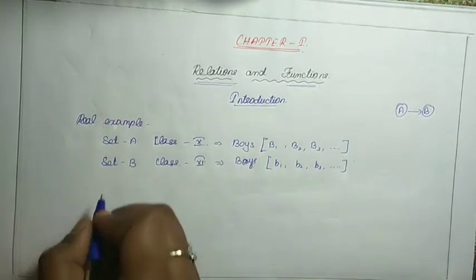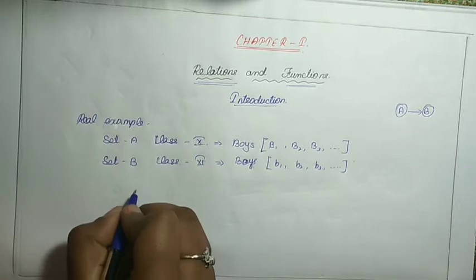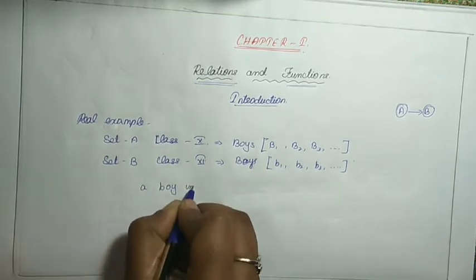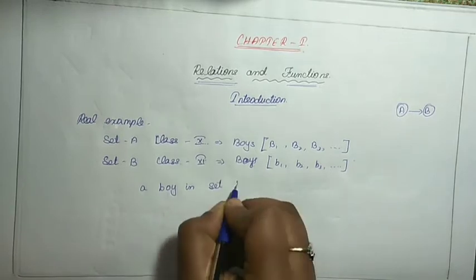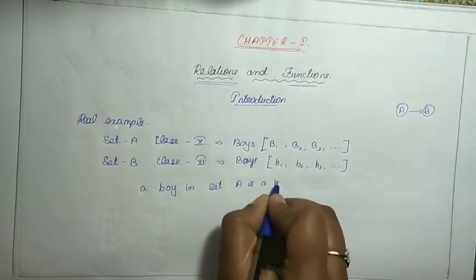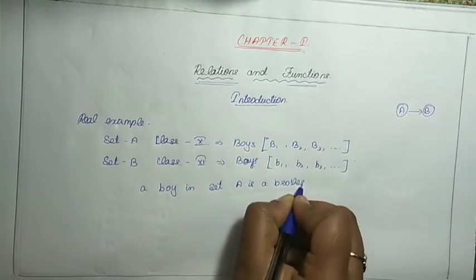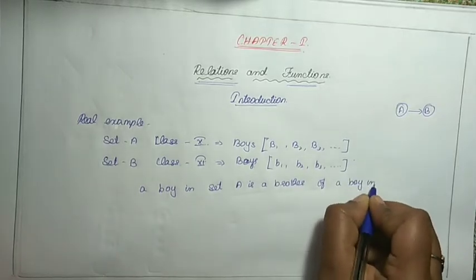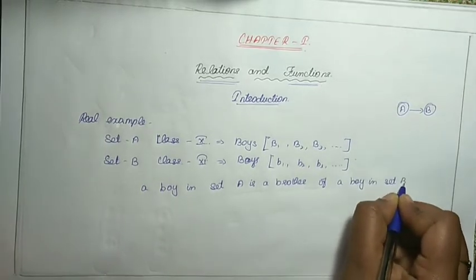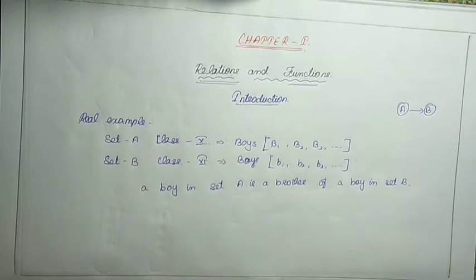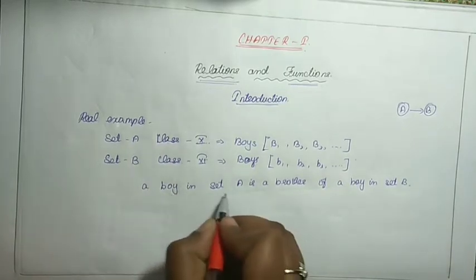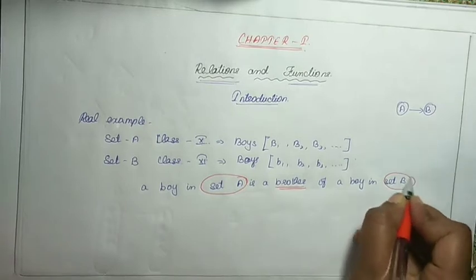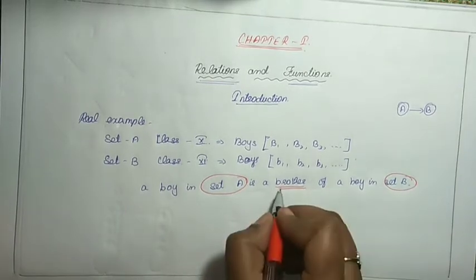Now I'm going to say that a boy in set A is a brother of a boy in set B. Okay, this is a relation.